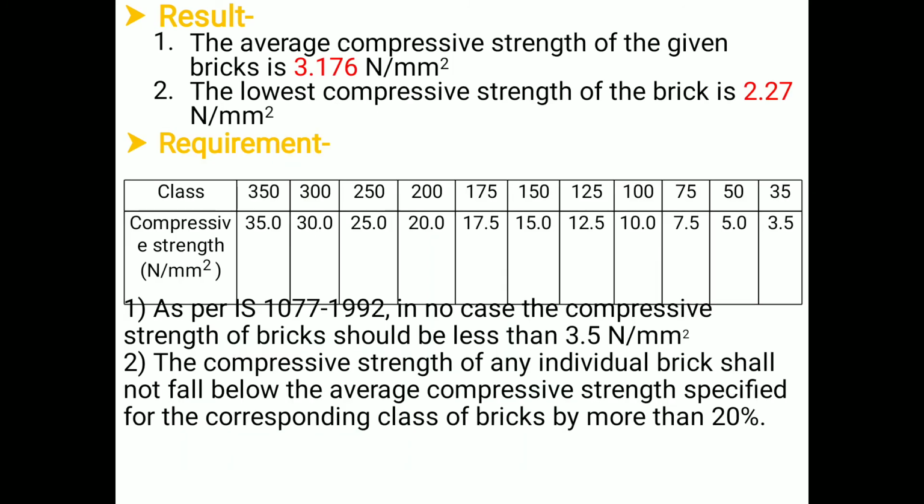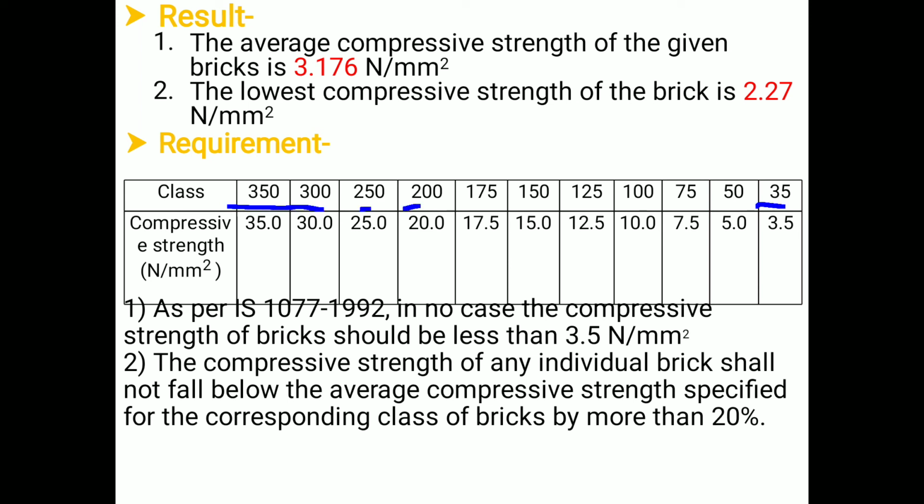The lowest compressive strength of the brick is 2.27 Newton per mm square. Now the requirement for the compressive strength: this is the class of the brick, 350, 300, 250, 200 down to 35.